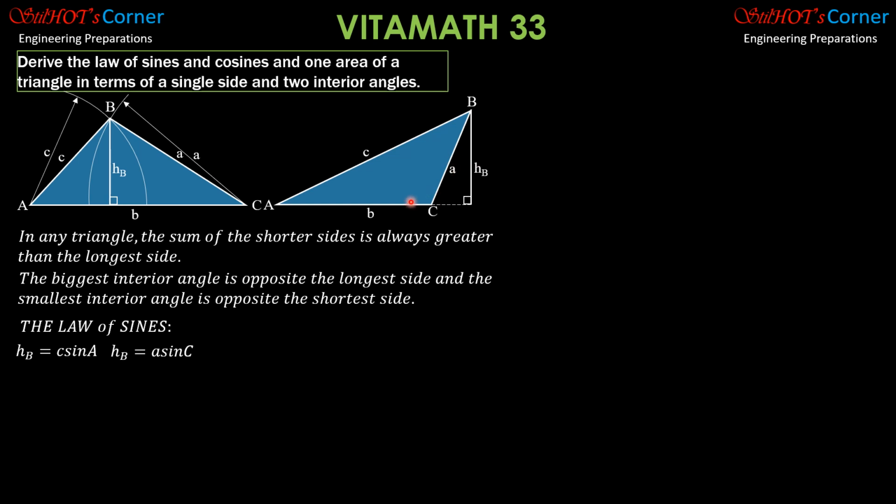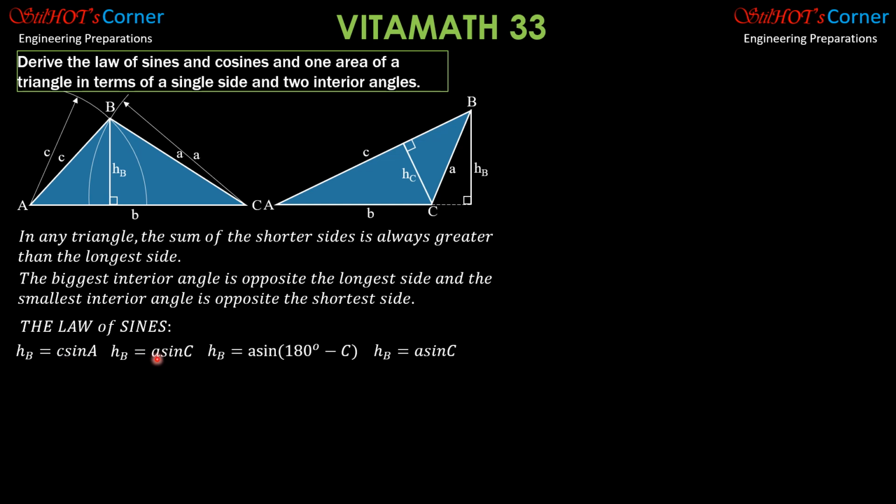So if this angle is angle C, then this angle is 180 degrees minus angle C. That is also H sub C through C. So again, HB is also A sine of this angle, 180 degrees minus C. But remember that sine of quantity 180 degrees minus C is the same as sine of C itself. So this reduces to this same equation here. So HB is A sine angle C.